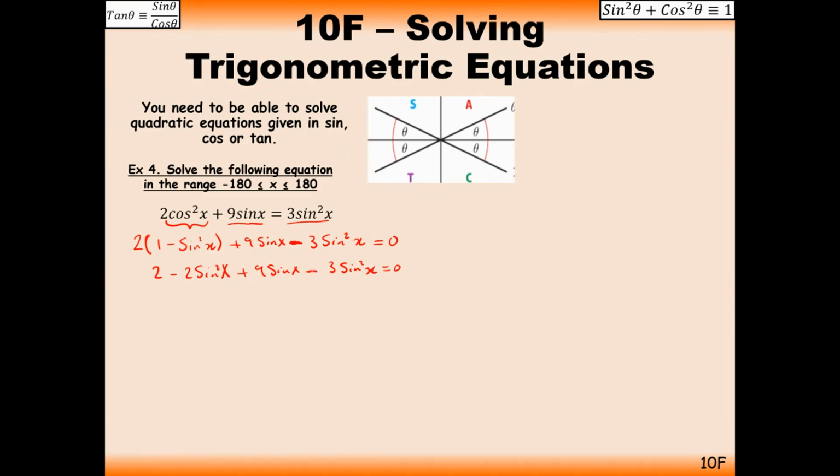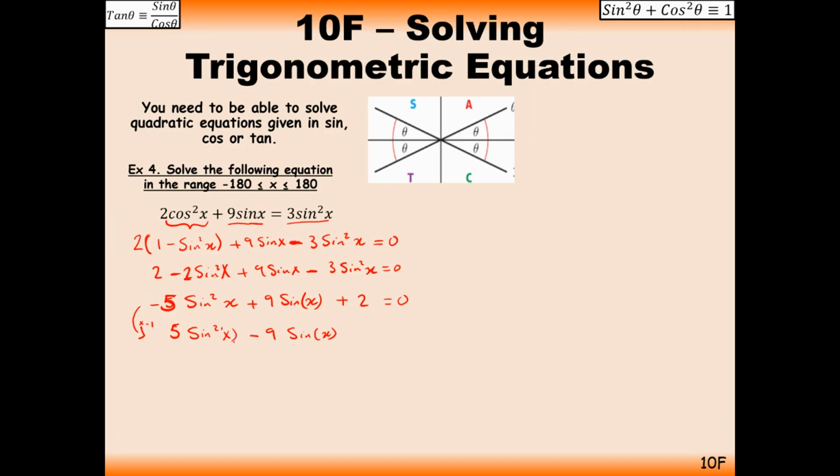So now we actually have minus 5 sine square x plus 9 sine x, and we're going to put that 2 at the end here. Now it might be easier to multiply everything by a negative 1, so that you get a positive coefficient there.